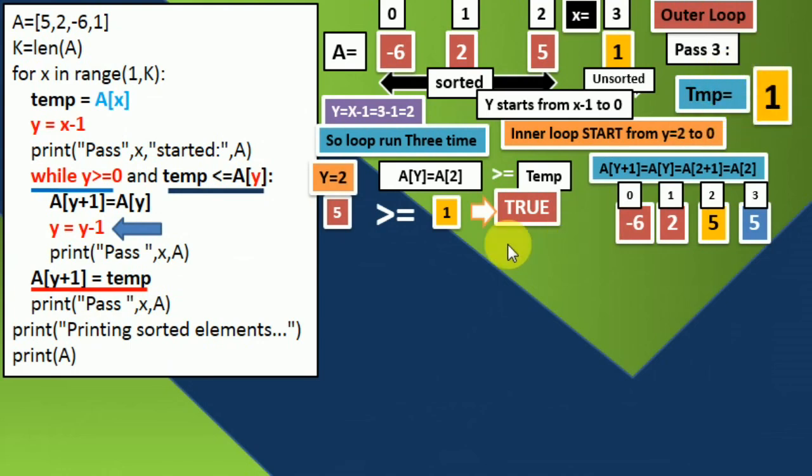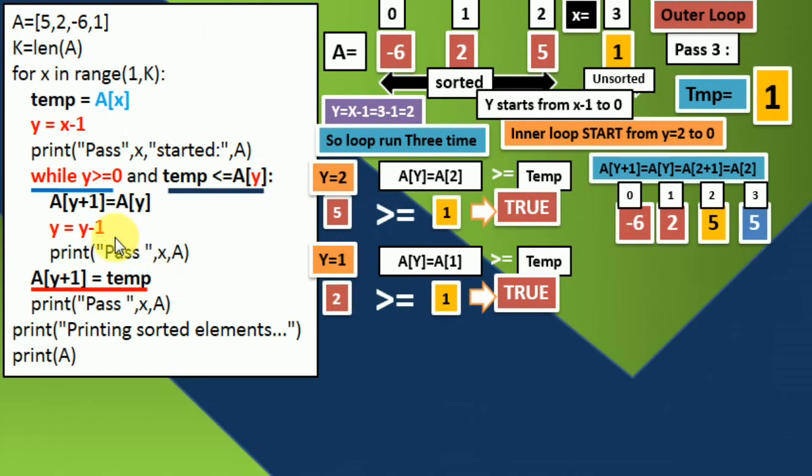Now next time y equals y minus 1. So now y is at which place? 1. And what is the number inside that box? It is 2. Now again this line is going to be checked. Is that number greater than or equal to 1? We'll say true.